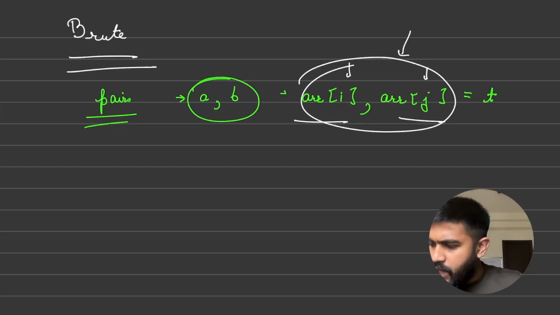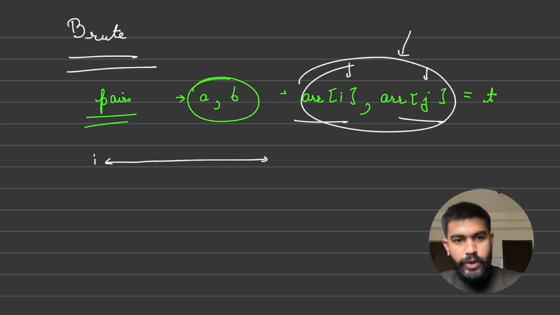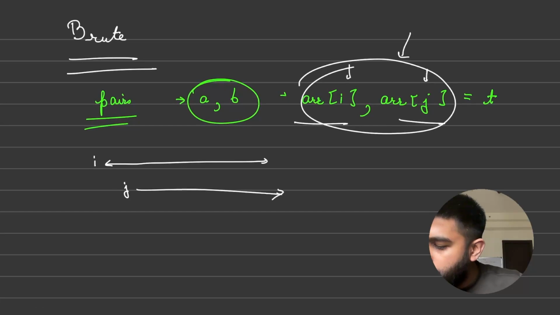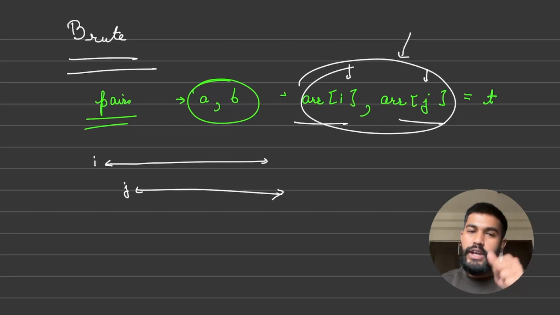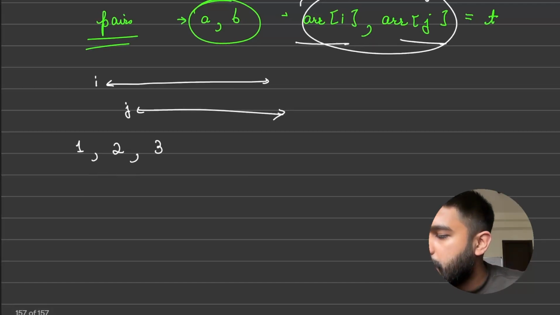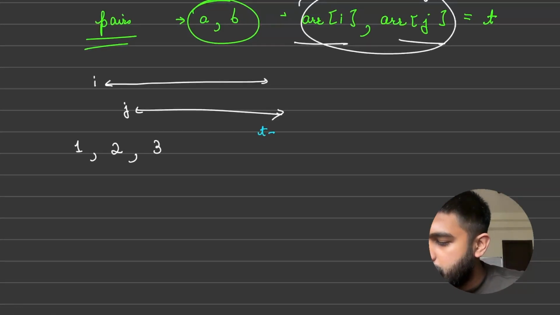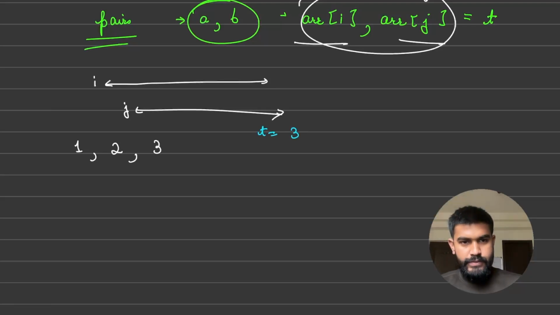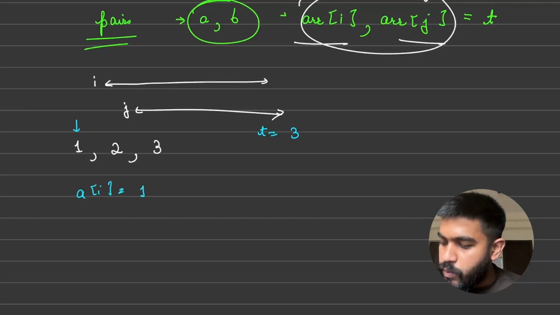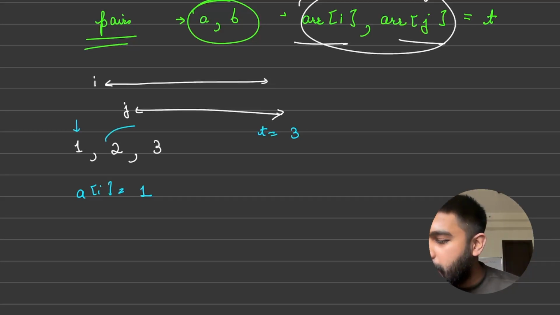I can have one I which would be rotating on the whole array, and one more J which would be finding the pair for I. Let's say we have the elements as 1, 2 and 3, and the target is 3. I can consider A of I as 1, and then I would find the J of it.